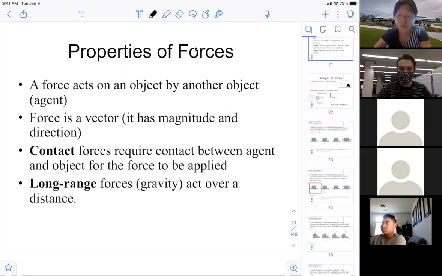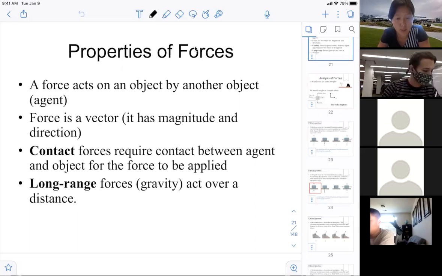Okay, so at the end of last week, we touched upon forces. This is our second big topic of the semester. We've talked about all the forces we're going to discuss this semester.